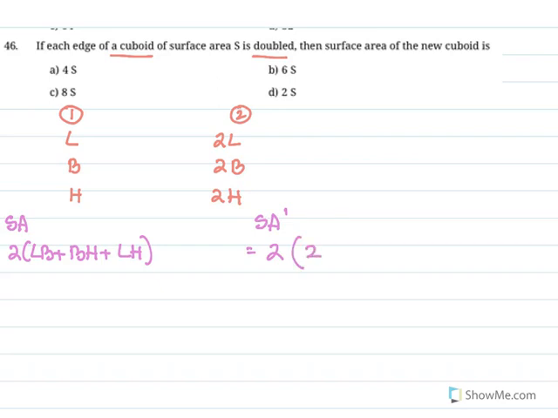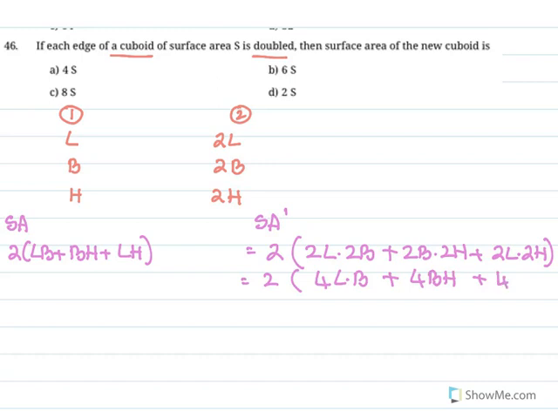Now remember the length is 2 length, 2 breadth, everything is double, 2 breadth, 2 height, plus 2 length and 2 height, everything is double. So this is 2, 4 length breadth, plus 2 into 2, 4 breadth height, 2 into 2, 4 length height.